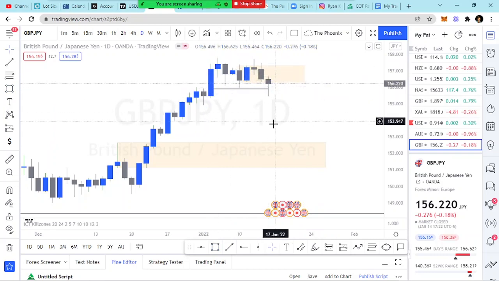Say price comes all the way down with bearish candles straight through, and creates a breaker block; that would then trump this as the point of interest, and you'd be looking at the breaker block instead. But for now, if price comes down with another bearish candle that closes below this low, we look for a pullback into this bearish order block and get a sell into this point of interest here.